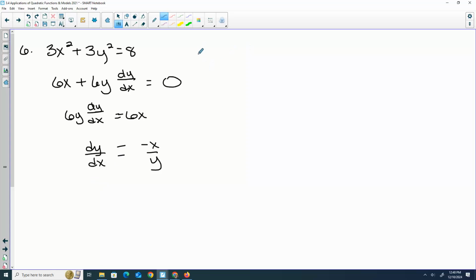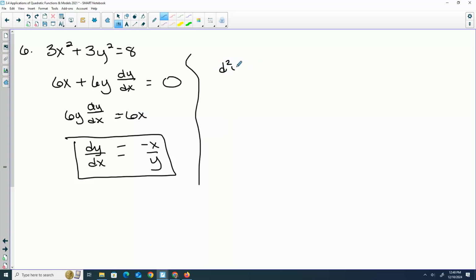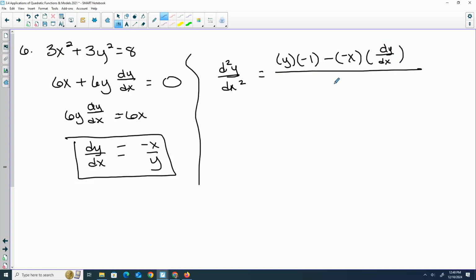Okay. So now we do the second derivative. So we're doing the derivative of this thing. So the dy dx becomes d squared y over dx squared, or y double prime if you use that notation. We have to do quotient rule. So low d high, derivative of negative x is negative 1, minus high d low, derivative of y, dy dx, over low squared.